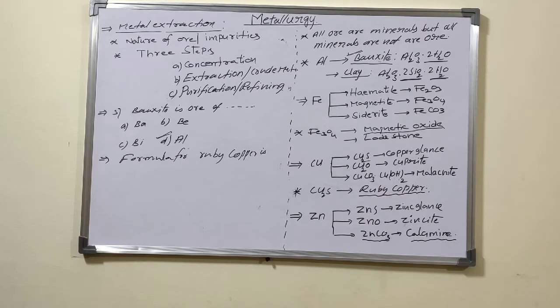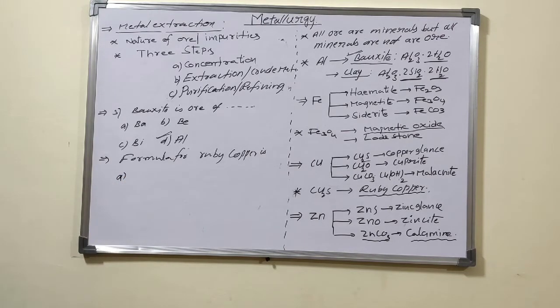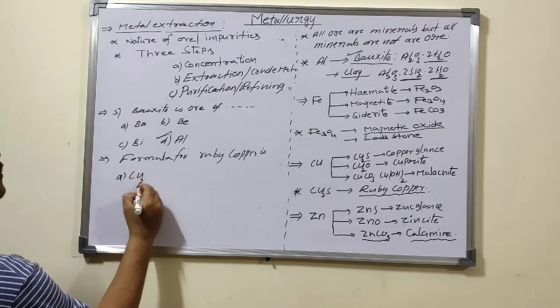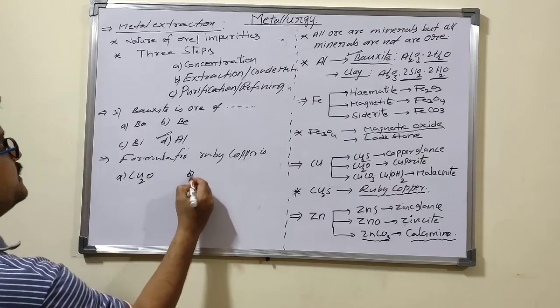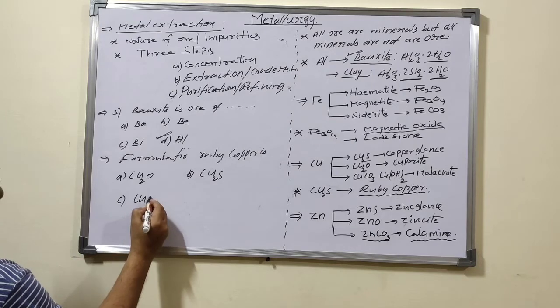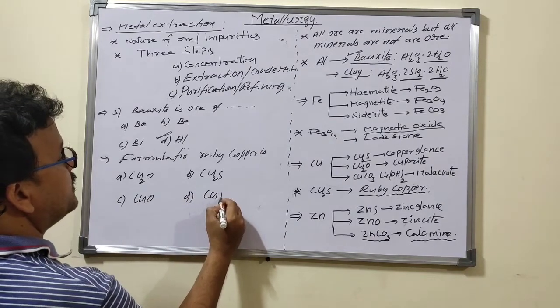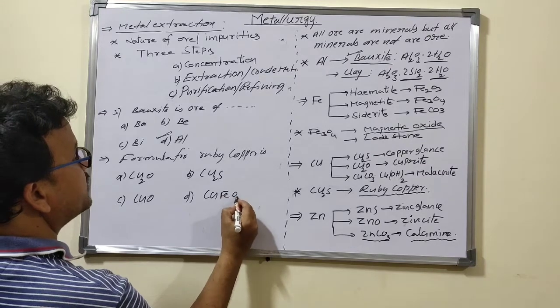So from the options, we have to select the ruby copper formula, whether copper oxide, copper sulfide, copper carbonate or some other formula. Option A, Cu2O. Option B, Cu2S. Option C, CuO. Option D, CuFeO3.